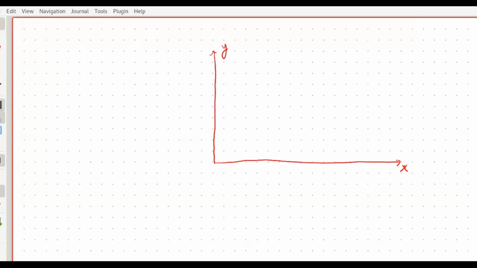Let's say this is R at time T. If we want, let's say, another position at a certain later time, I'll just change the notation.